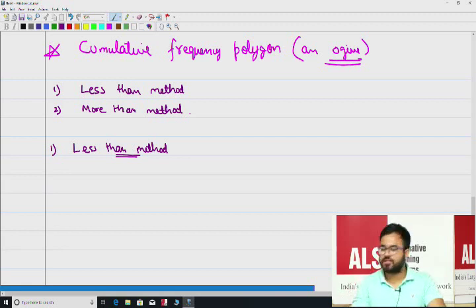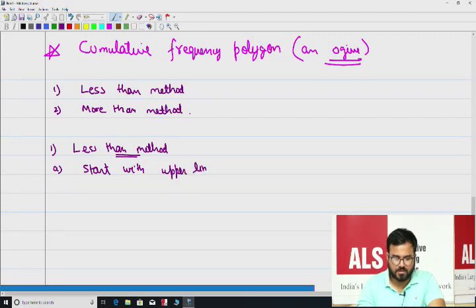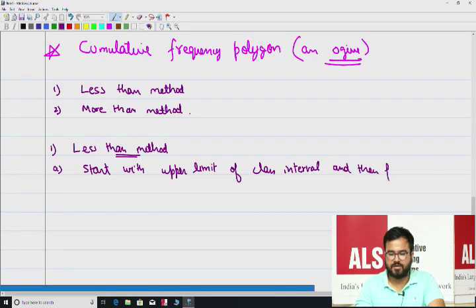There are key points you have to take care of, the steps for how we can draw. First, start with the upper limit of class interval and then find CF.